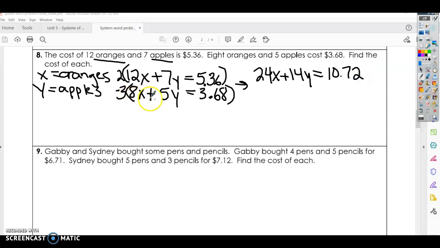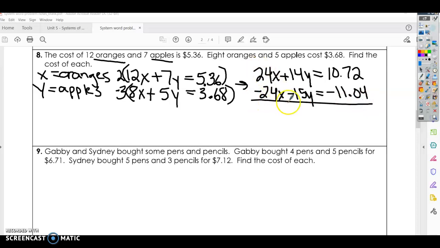All right, I'm going to do the same thing on the second equation, except I'm going to multiply everything by negative 3. So negative 3 times 8 is negative 24x. Negative 3 times 5y is negative 15y. And negative 3 times 3.68 is a negative $11.04.